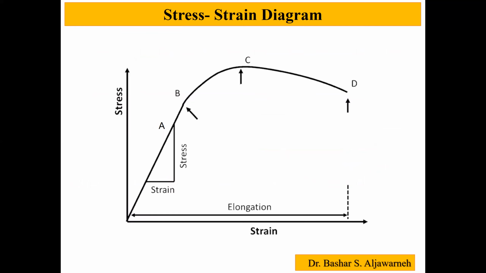In this slide, I will talk about the stress and strain diagram. So as you can see here, I have a region from the origin all the way to point A, and it's linear. Then beyond point A all the way to point B, and point C, and finally point D. Okay, let me talk about each point in detail.